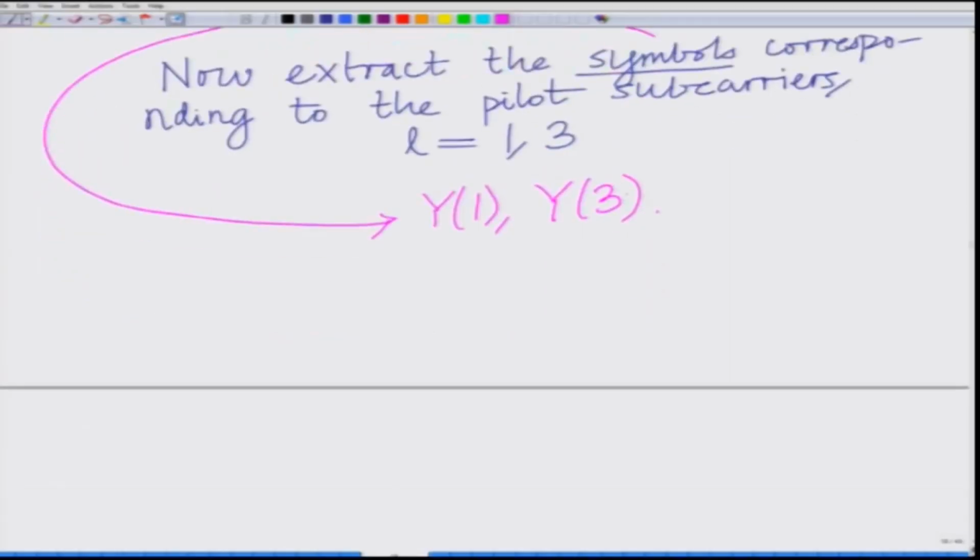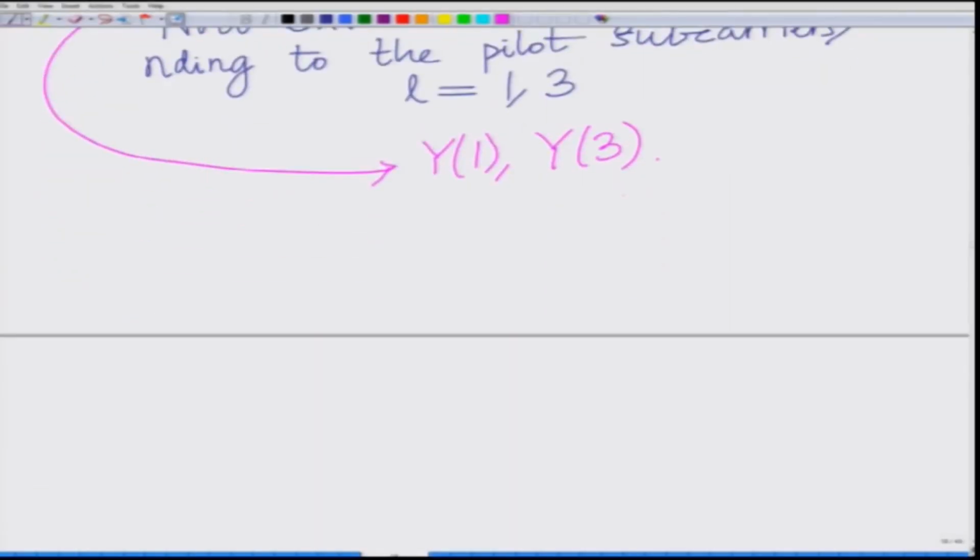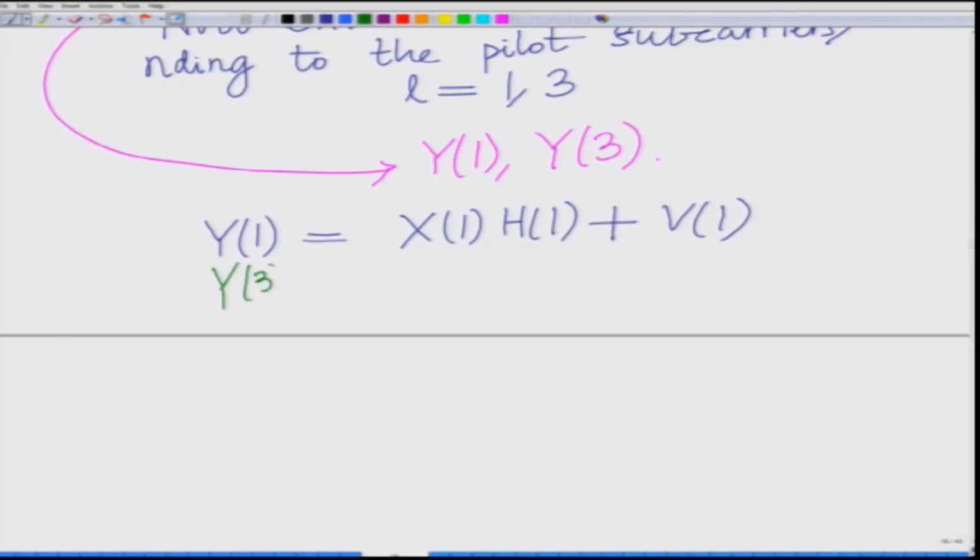Okay. So let us do that. If we write this model across the pilot subcarriers, I have Y1 equals X1 H1 plus V1, and we also have Y3 equals X3 H3 plus V3.